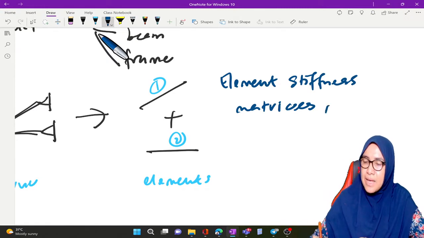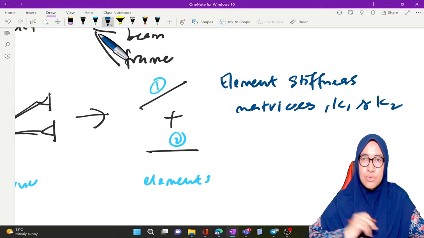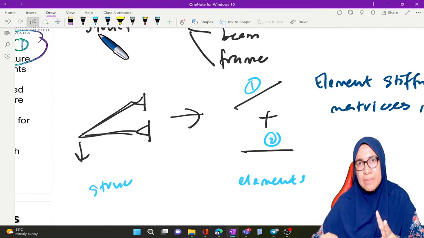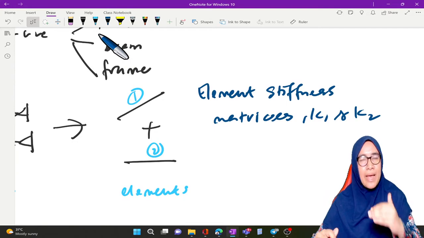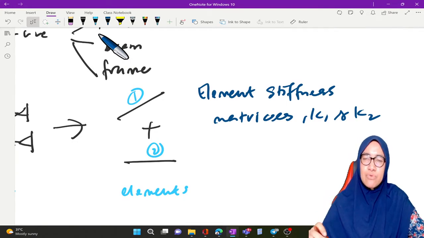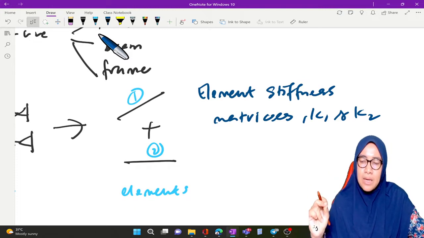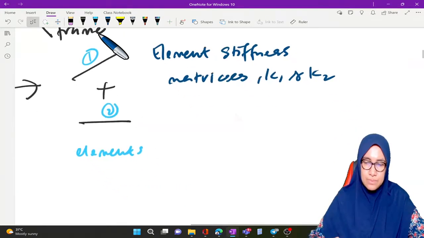And it is K1 and K2, because this truss has two elements, element 1 and element 2. So we have to establish the element stiffness matrices, K1 and K2.